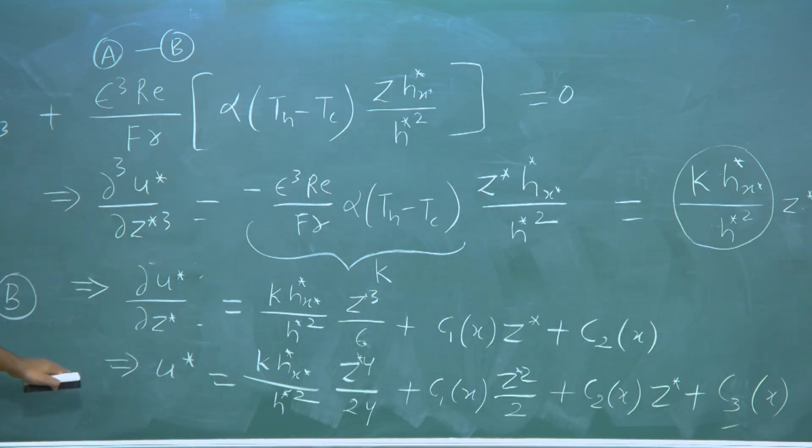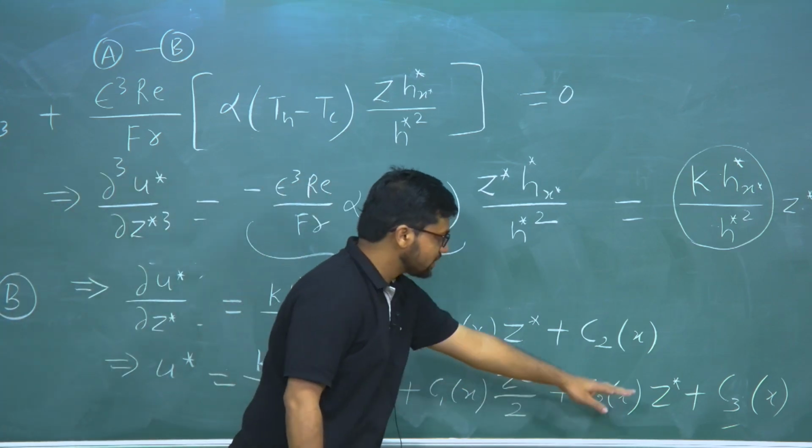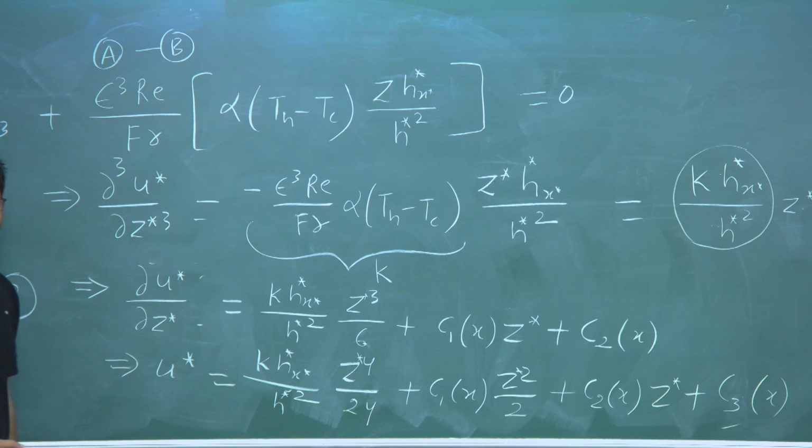So, we got u, but we have 3 arbitrary constants C1(x), C2(x) and C3(x) in it. We need to replace those using the boundary conditions.